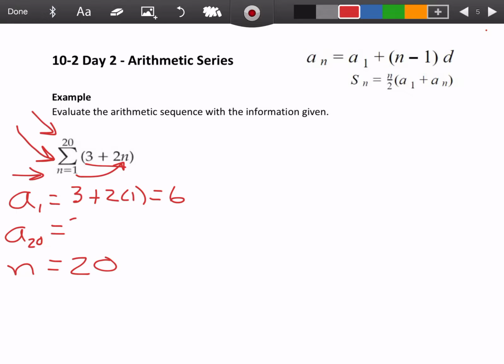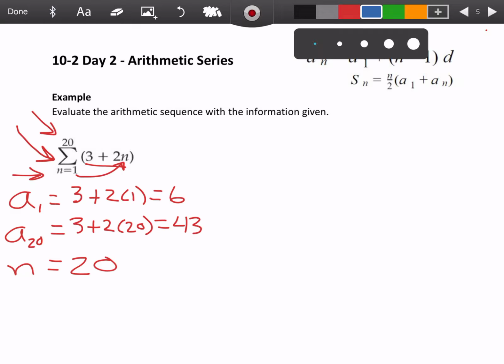And then to find the 20th term, we have to plug in 20. So 2 times 20, that's 40, plus 3, this is 43. So we didn't have to use the formula as much this time, but we just used the explicit formula inside our sigma notation there.